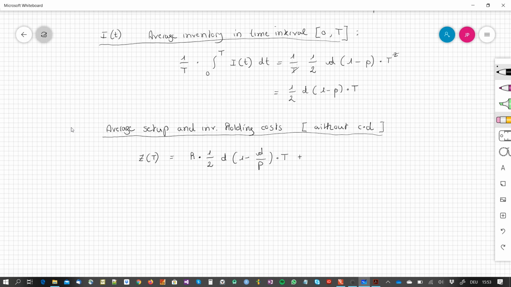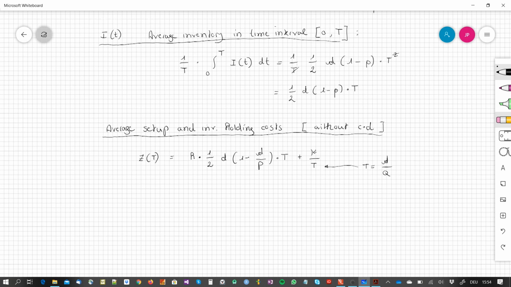And now plus the setup costs, K divided by T, and recall that our T is given by Q divided by D for later on.